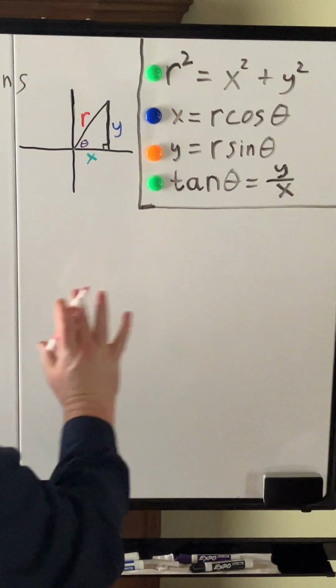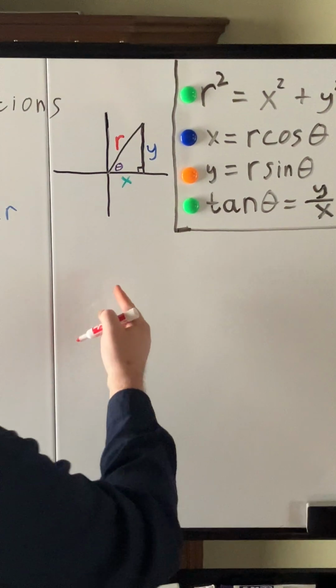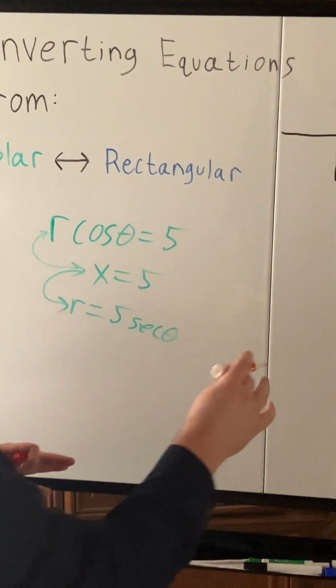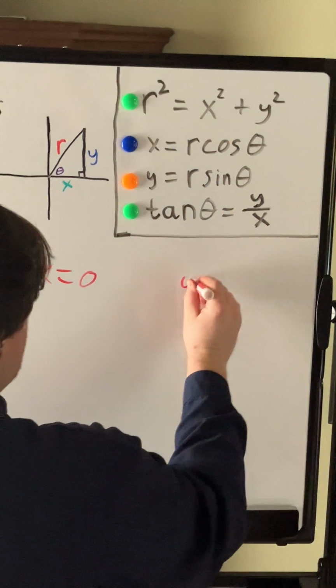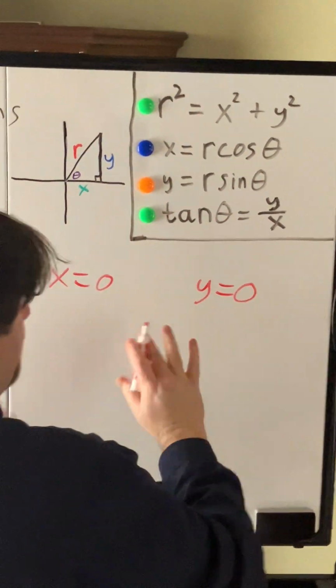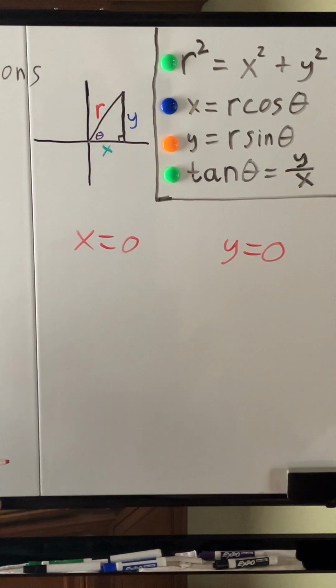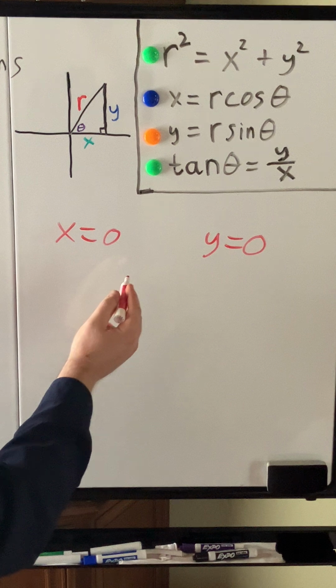Now, let's go back to a rectangular thing because we just went over what you would do if you had x equals 5. But if you have x equals 0 or y equals 0, very particular type of problems, what we just did is not going to work. For these, you really just need to understand what it is you're graphing.